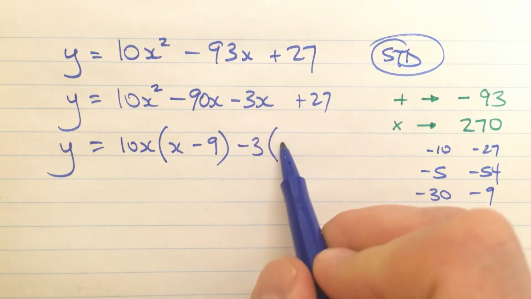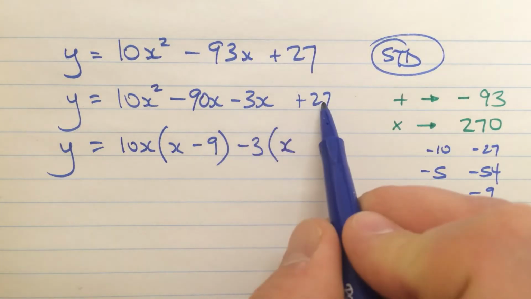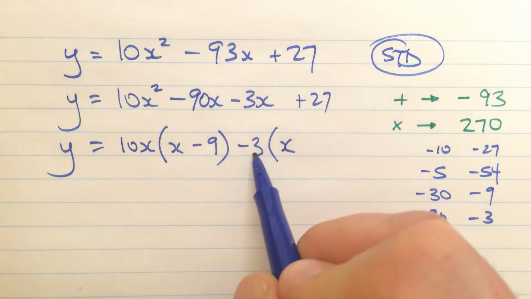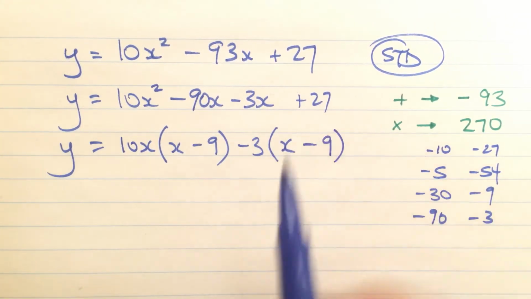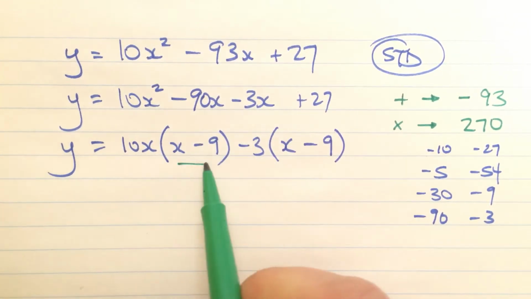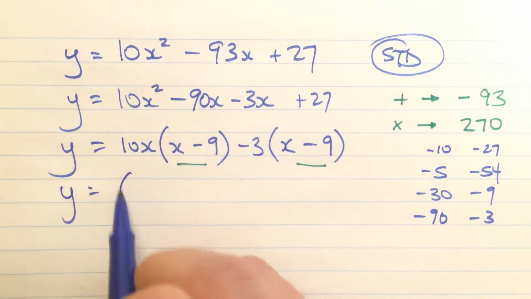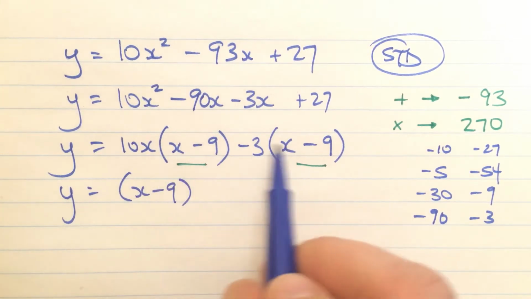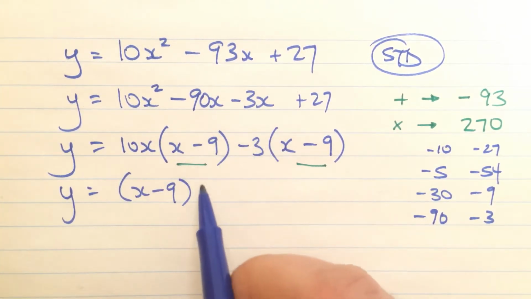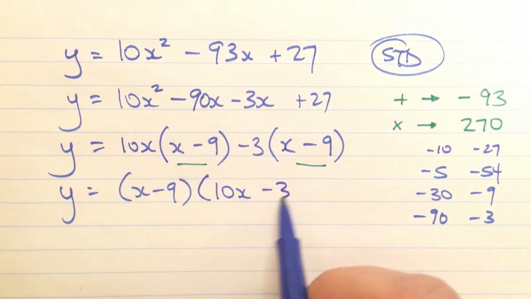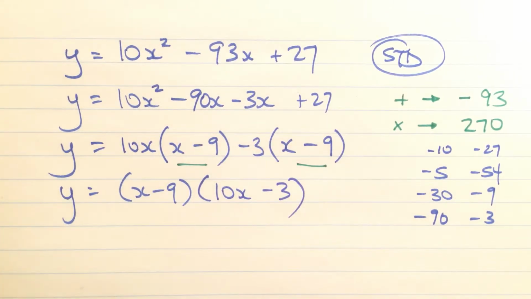That's going to leave me with an x. And it'll leave me with 27 divided by negative 3 is negative 9. My little self-check here, these are the same, and they should be. Good. Now I'm going to factor that out, x minus 9, out of each of these giant terms. That leaves me with 10x and negative 3. Okay, cool.